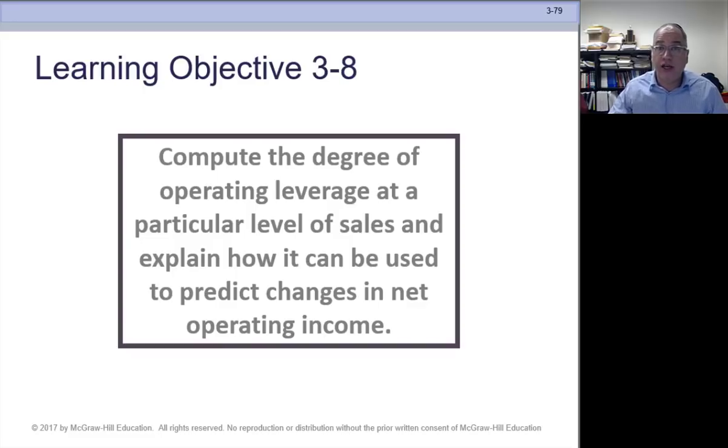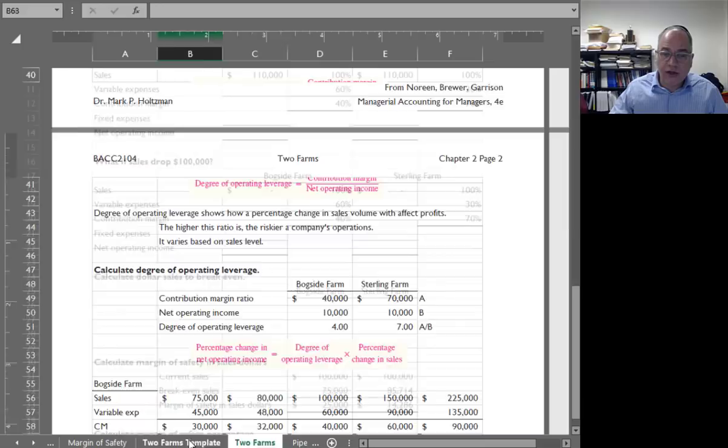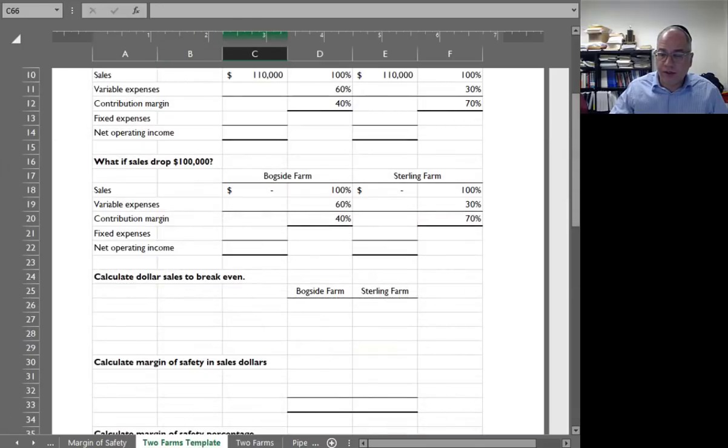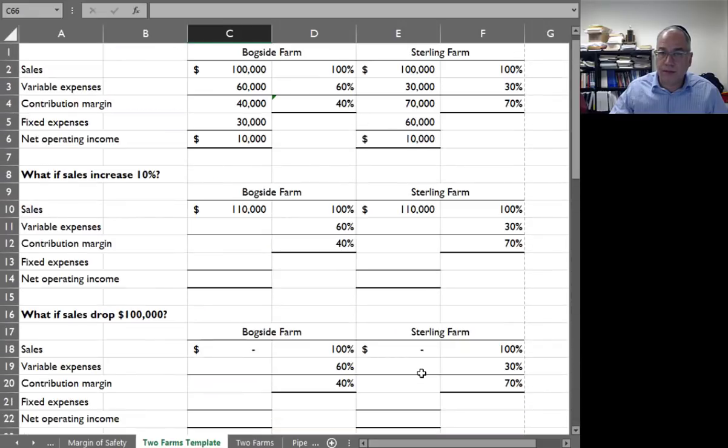Learning objective 3-8 is to compute the degree of operating leverage at a particular level of sales and explain how it can be used to predict changes in operating income. So we go to this example of two farms in the book. And we have two farms, Bogside and Sterling.